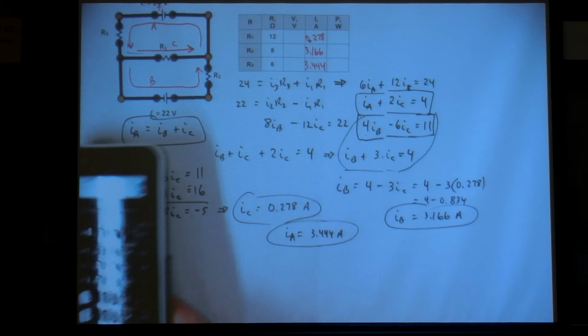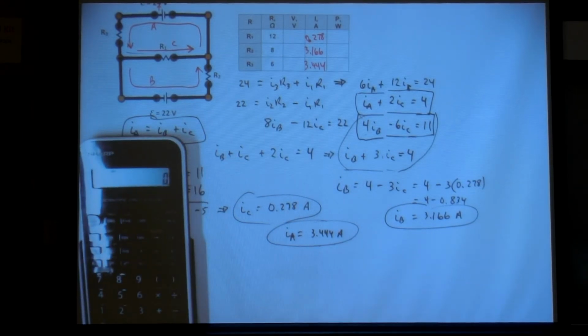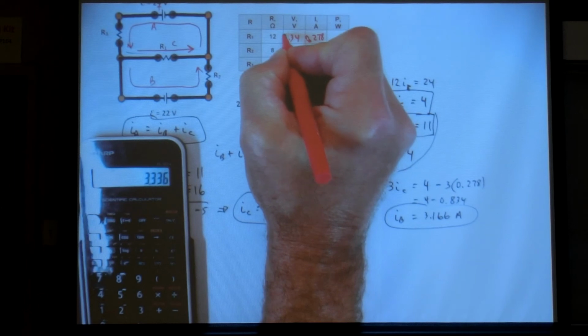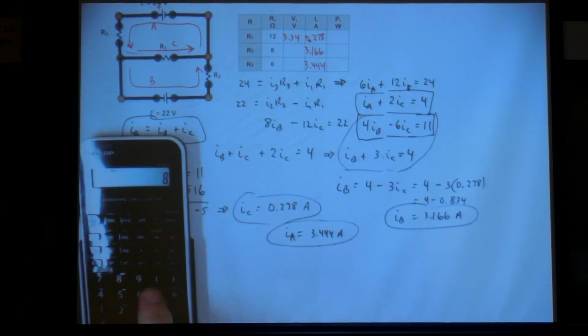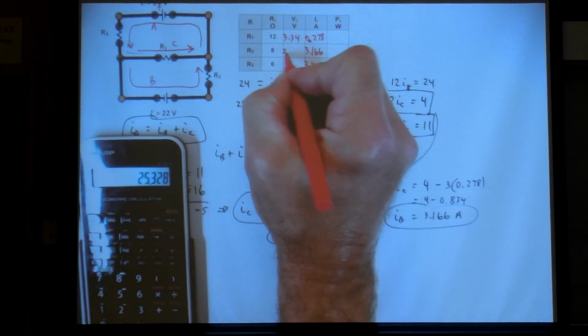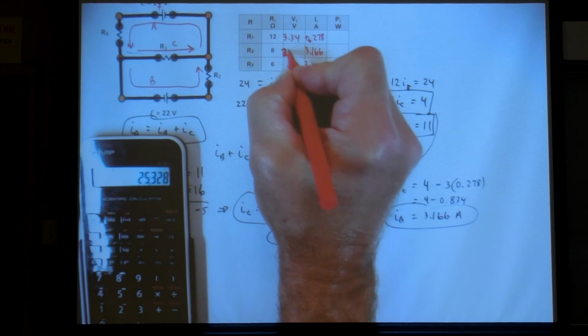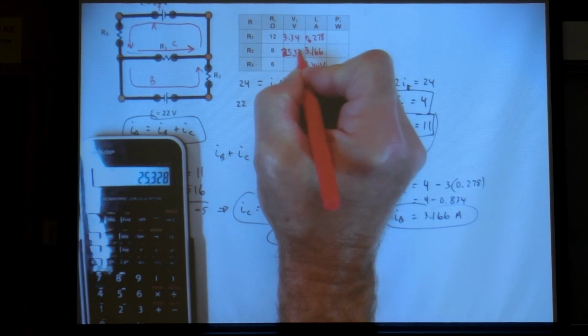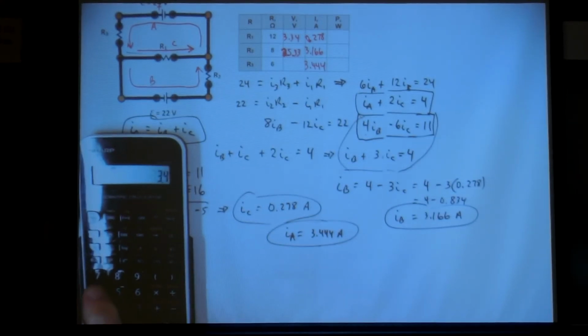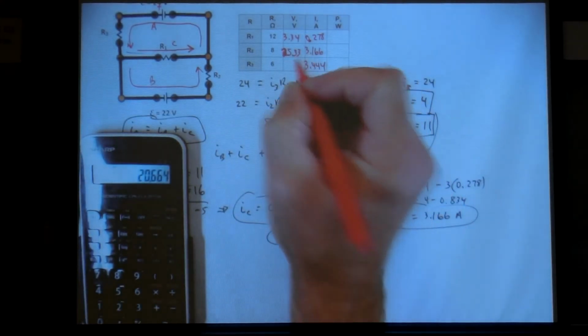So again, the volts is current times resistance, so 0.278 times 12 gives me 3.34. And then 8 times 3.166 gives me 25.33, and then 6 times 3.444 gives me 20.67.